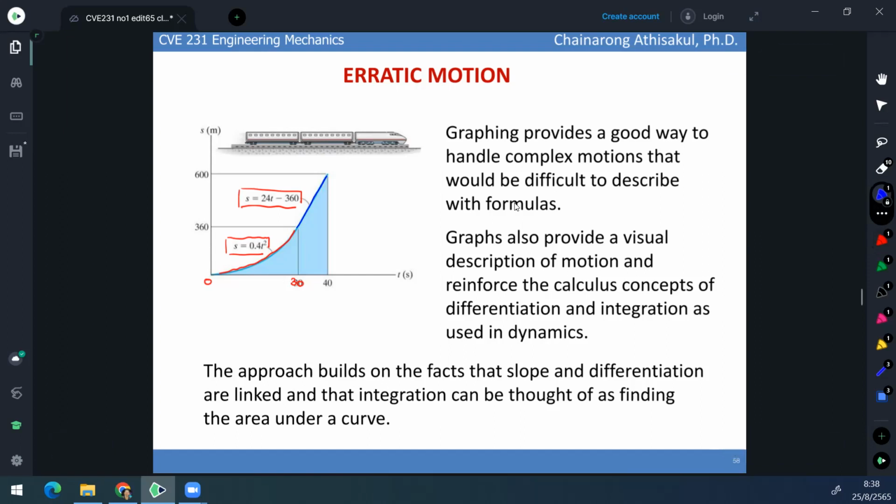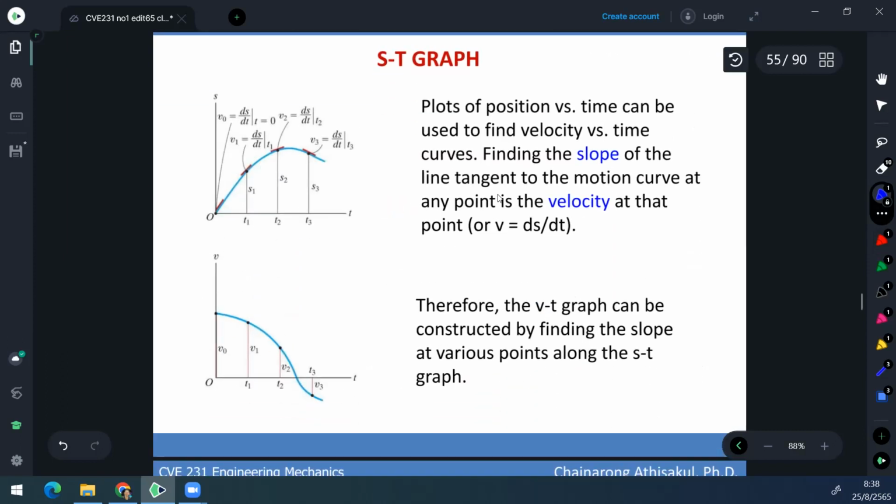So if we show the motion of the particle in terms of a graph, it may be better for solving the problem. We will use the relationship between position and time, velocity and time, and also acceleration and time to solve the problem.